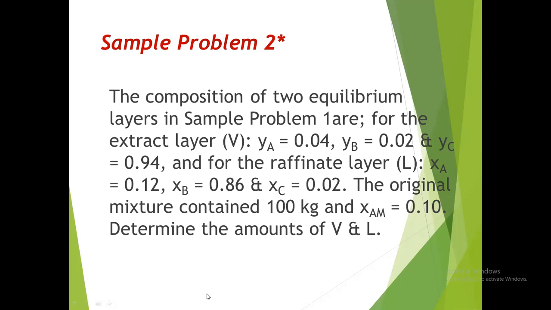And the same thing, your raffinate layer composition was also given as 0.12 for A, 0.86 for B, and 0.02 for C, all in mass composition. The original mixture has the composition in terms of A, which is 0.10, and its amount is 100 kilograms. So you are required to determine the amounts of V and L.